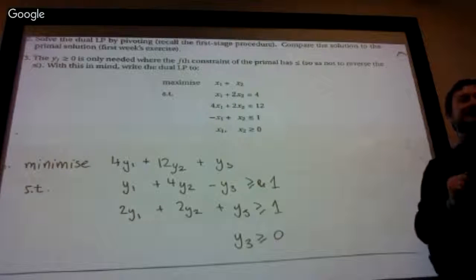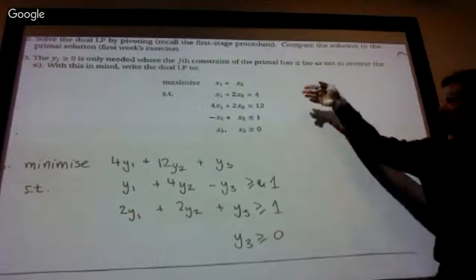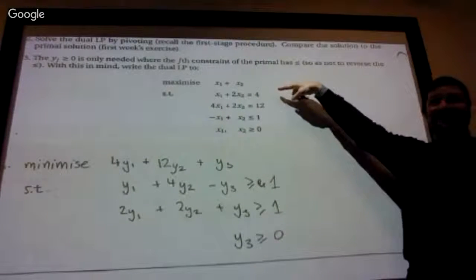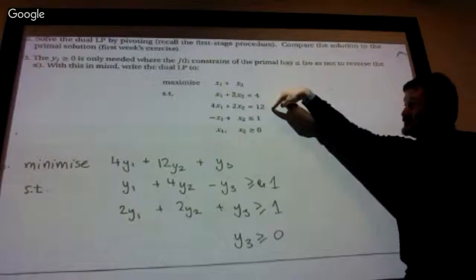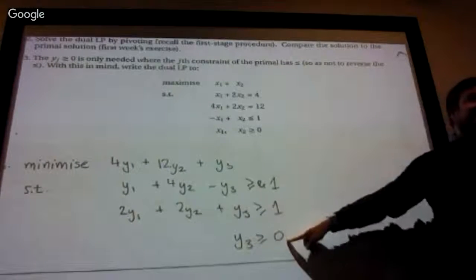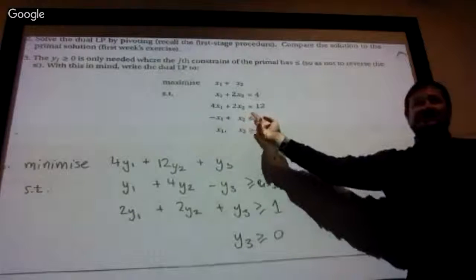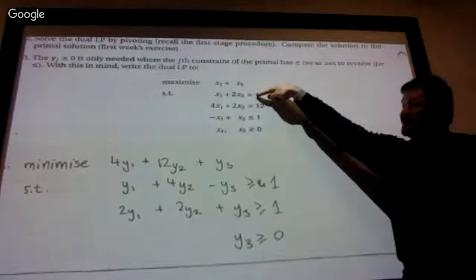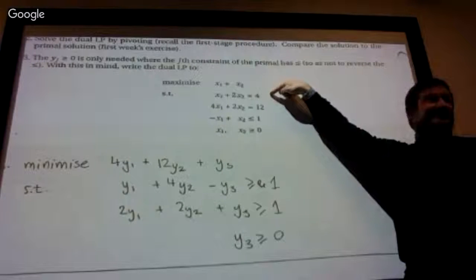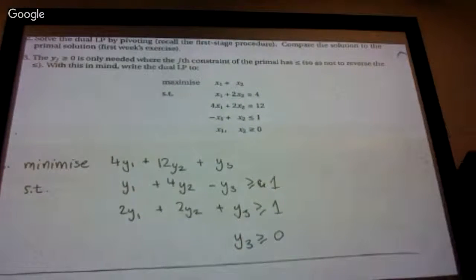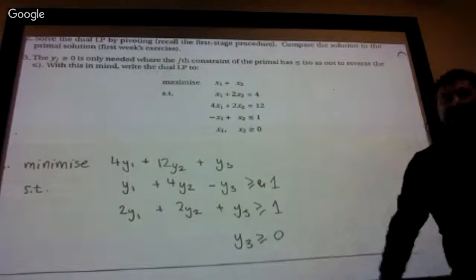Well, if you recall, we were multiplying each of the constraints with the respective y variables. So y1 times this one, y2 times this one, y3 times this one. We wanted y3 to be greater than or equal to 0 so that the sign wouldn't flip the wrong way. But if the sign is equal, then it doesn't matter that it's negative. It won't flip. So in this case, the answer is this.